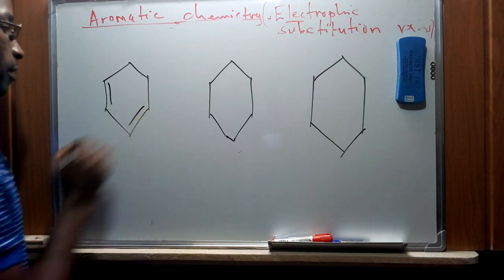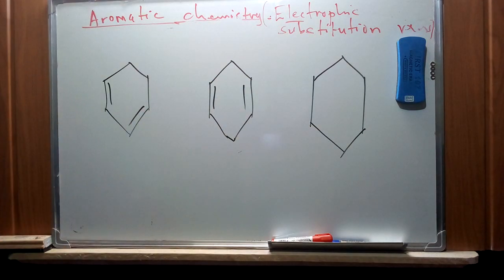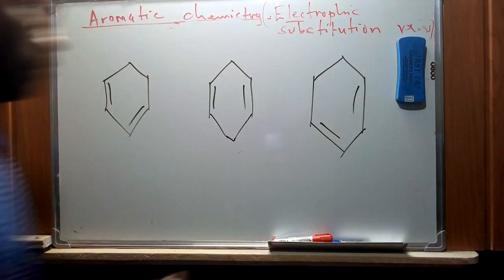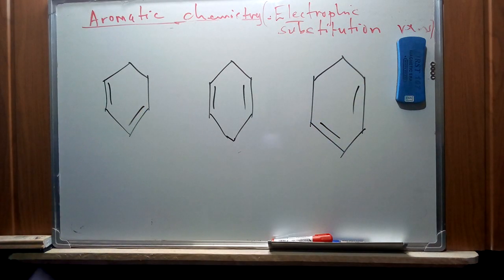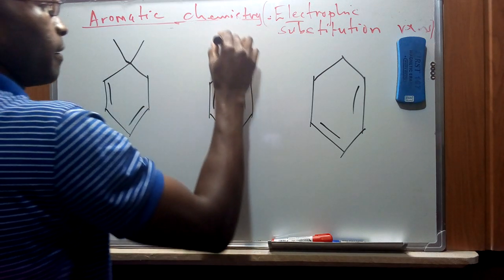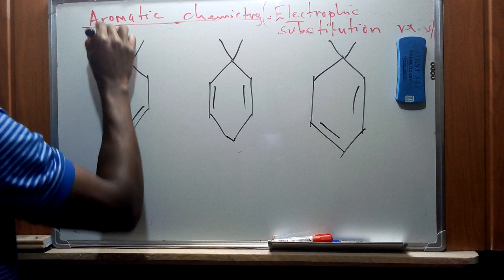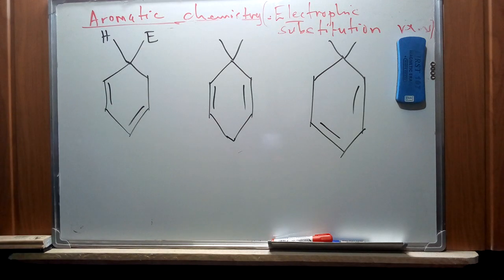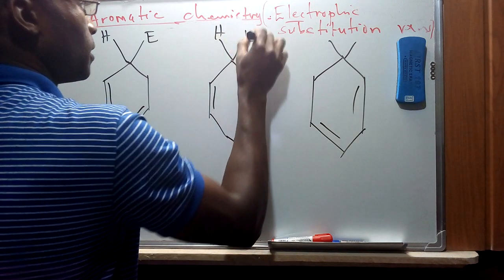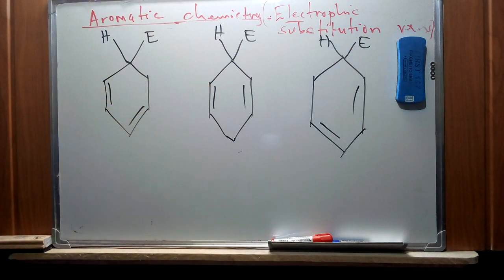So I have that double bond at that particular point, and then lastly I have that one. So in this case, these 3 species are having hydrogen and an electrophile at that particular point. Hydrogen electrophile, hydrogen electrophile. Now that we have talked about how that one comes about.